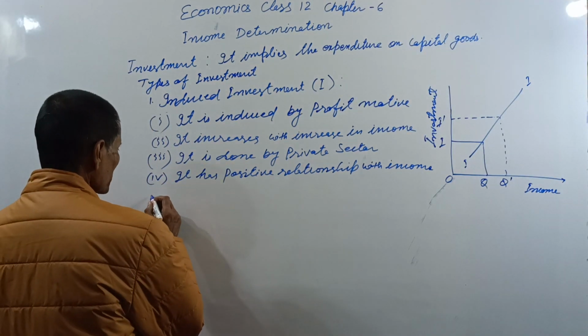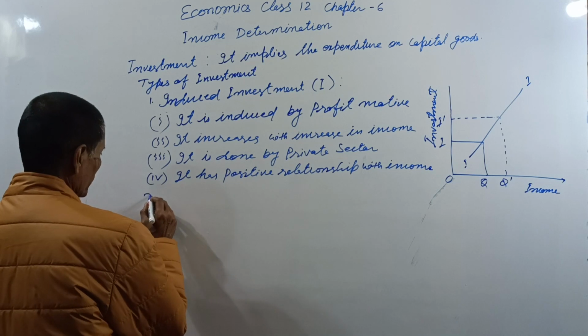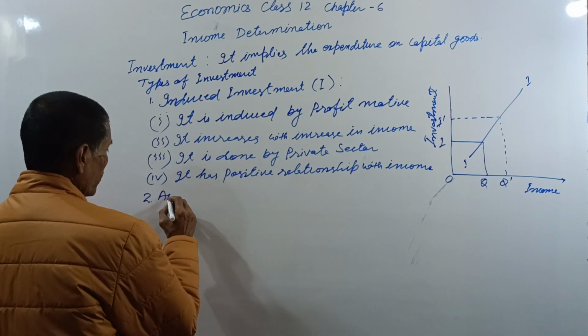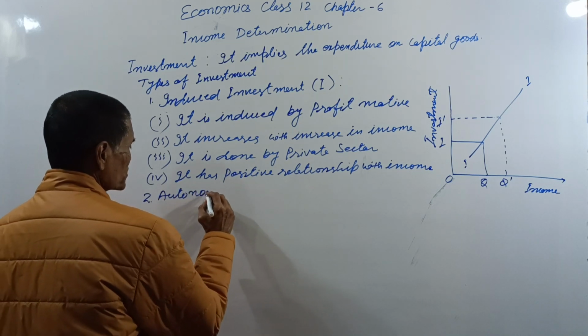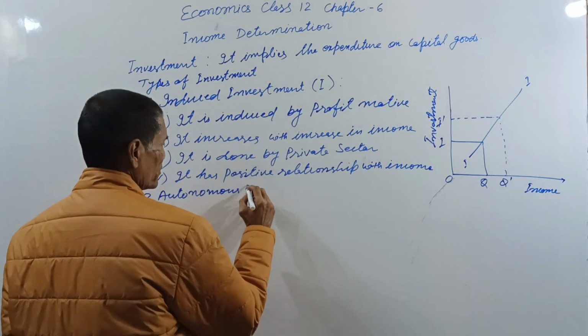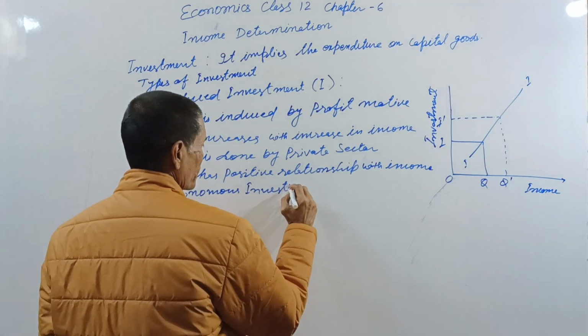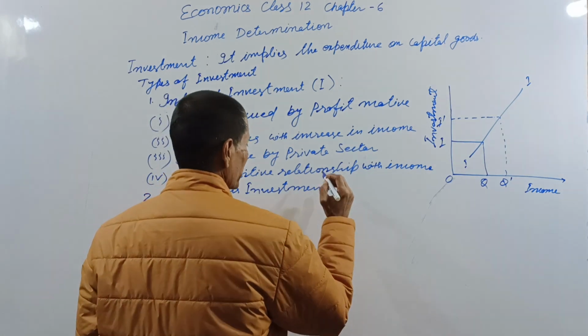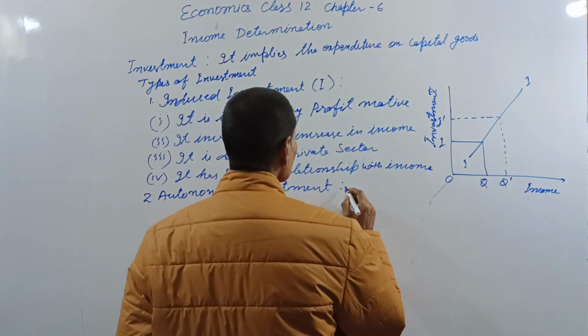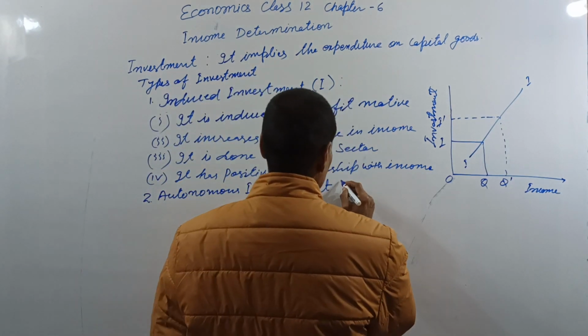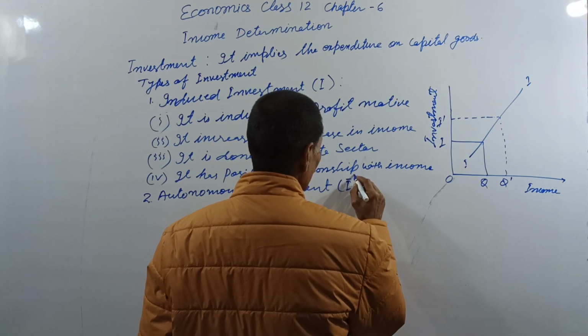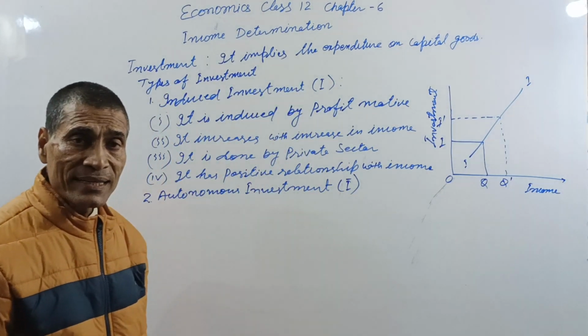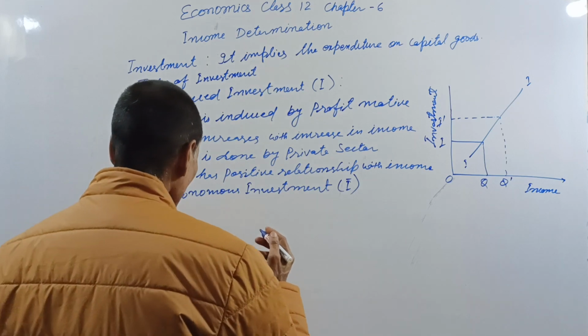Second is autonomous investment. Write down next one, number 2, autonomous investment. It is represented by I dash. Generally it is represented by I dash. What are the things about this?